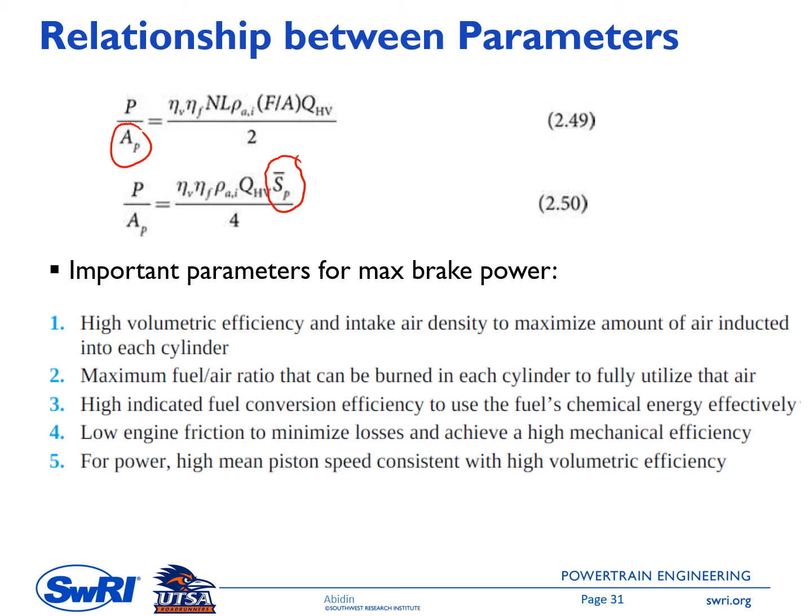From this correlation, we know that for having a max brake power, we need to have a high volumetric efficiency and high intake air density. Then we need to have a maximum fuel-air ratio that can burn in each cylinder to fully utilize air, because the power is a direct function of fuel-to-air ratio.